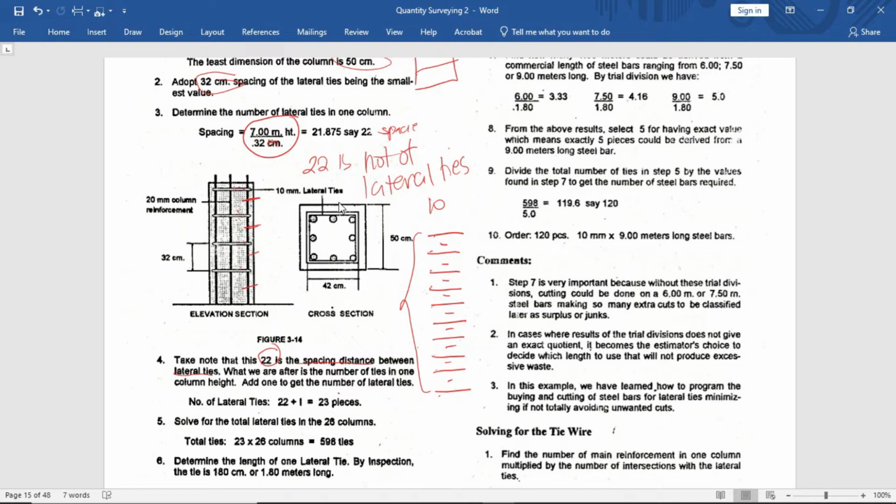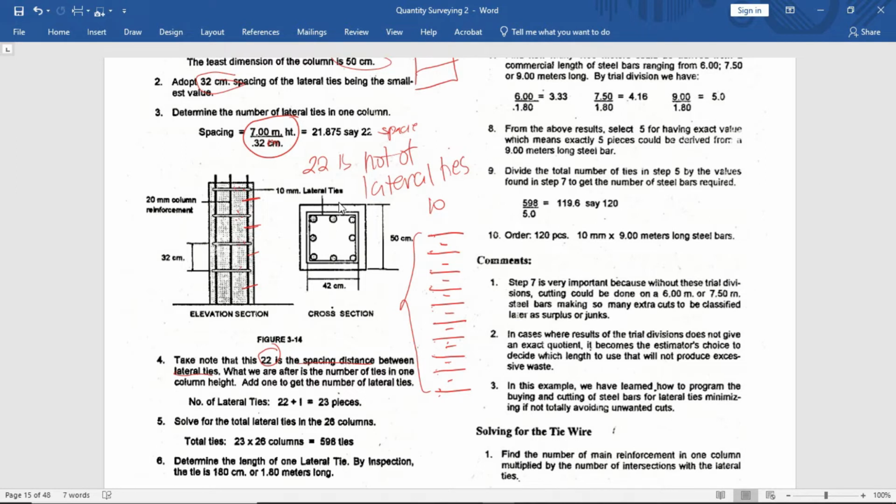Inulit ko, pag meron kang ganito, 1, 2, 3, 4, 5, 6, 7, 8, 9, yan yung spacing distance. Pag nag-plus 1 ka sa spacing distance, yun yung number of lateral ties. So, proof: 1, 2, 3, 4, 5, 6, 7, 8, 9, 10. Yan yung proof ko bakit nag-plus 1 tayo para makuha yung lateral ties natin.